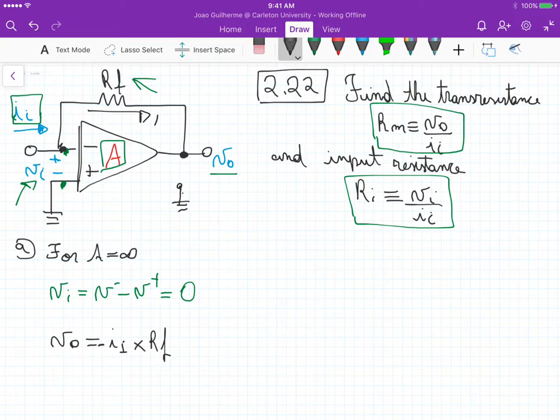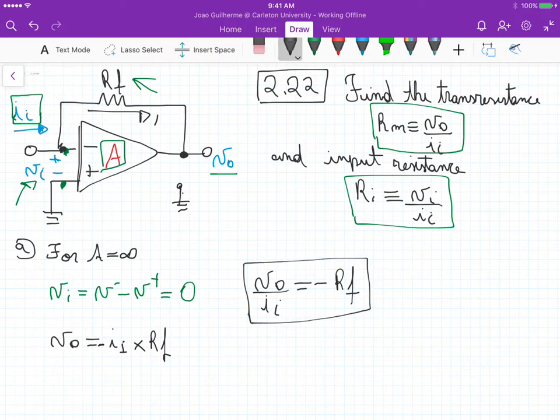So if we isolate V out over Ii, that's equal to minus RF. So that's the transresistance. Okay, so that's the first parameter that we need to find.